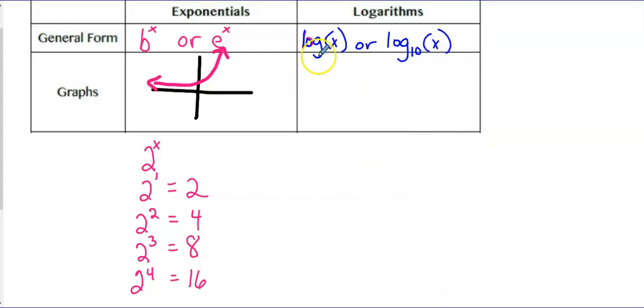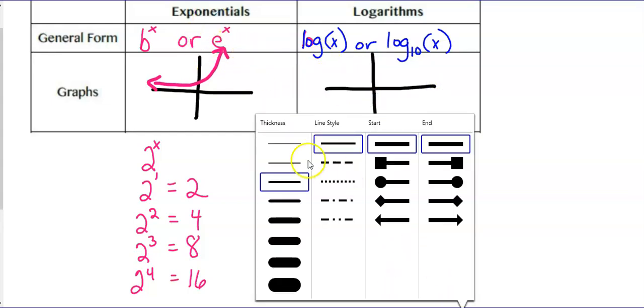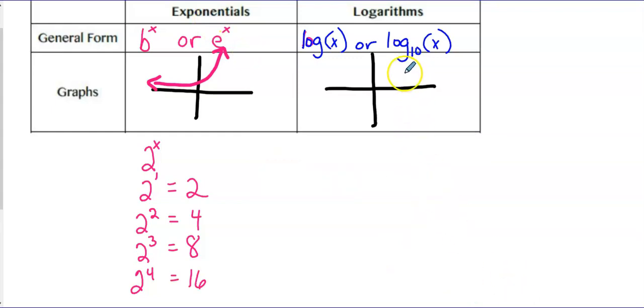So if it's the inverse of the exponential function, then logically it's going to look something like this. You can see, they're not very good drawings, but they would reflect over the y equals x line, which is what inverses do.